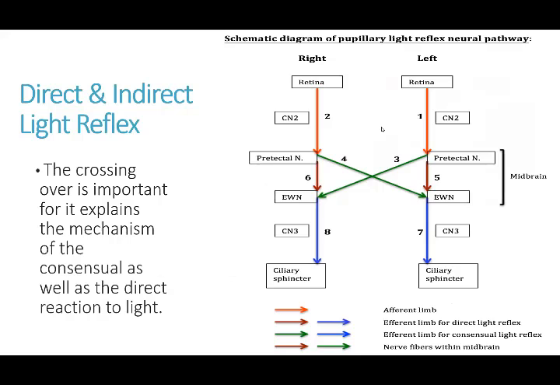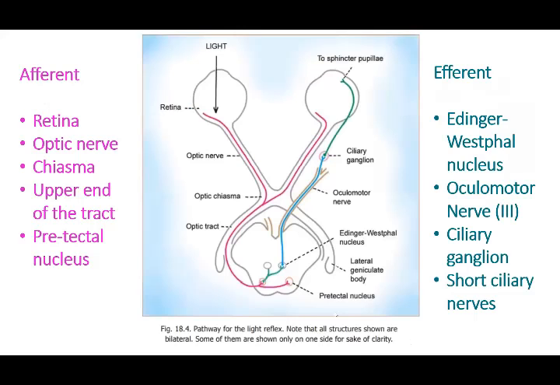Now this diagram is very important because this comes in the exam. Efferent pathway. Okay, you didn't understand that. Let me tell you. Now, what happens is once the fibers have reached the pretectal area, okay, this is not going to the visual cortex.